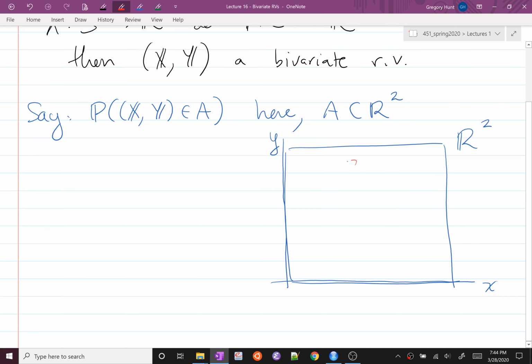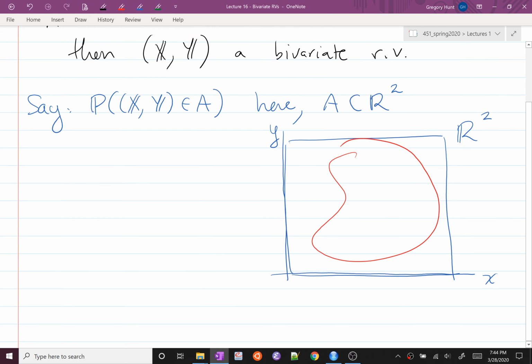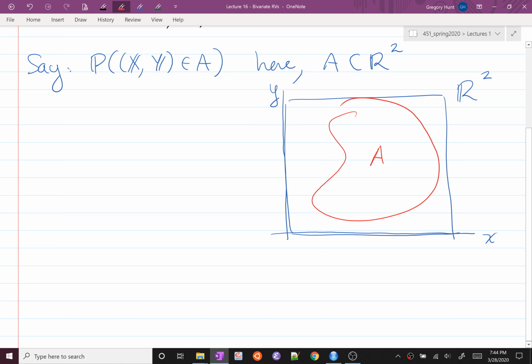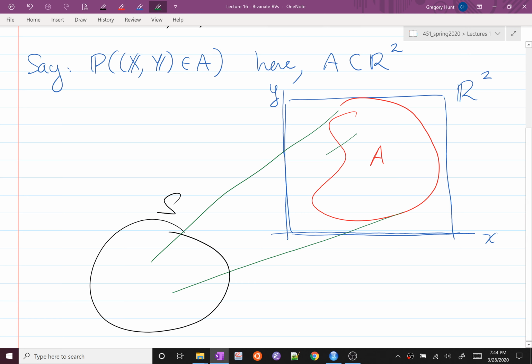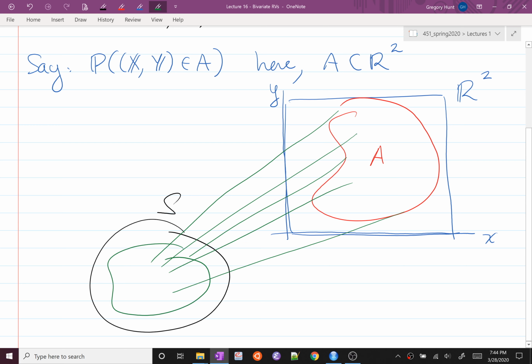If I have a set A here, what I mean is the probability of being in A is if I look at the inverse image into my sample space of all these points in A, that will give me some set.